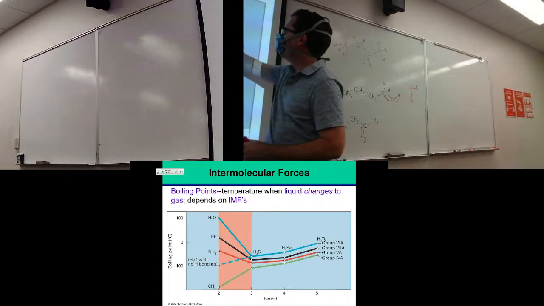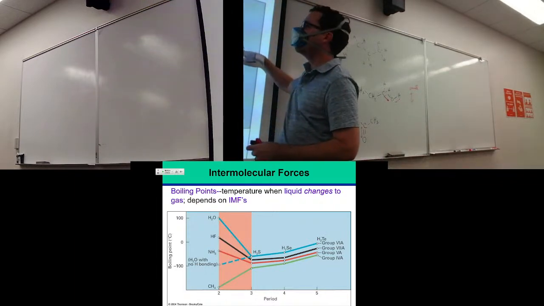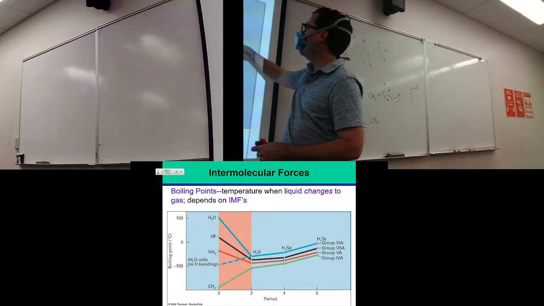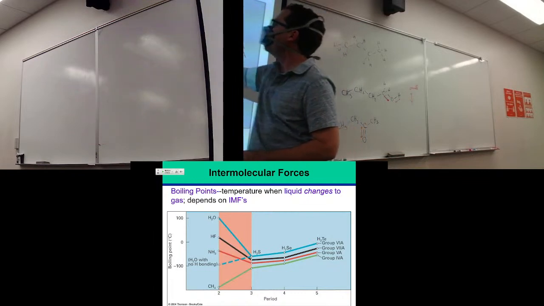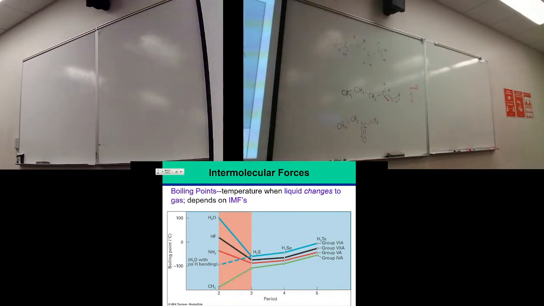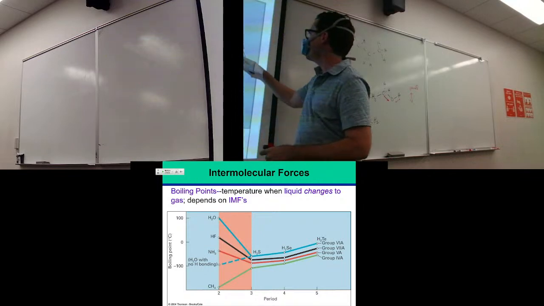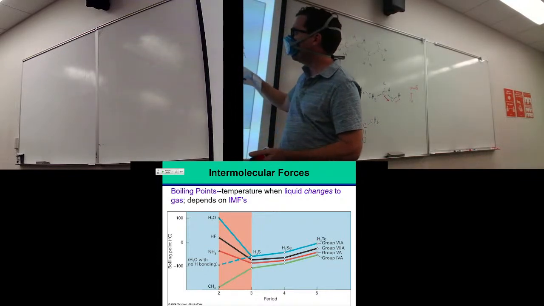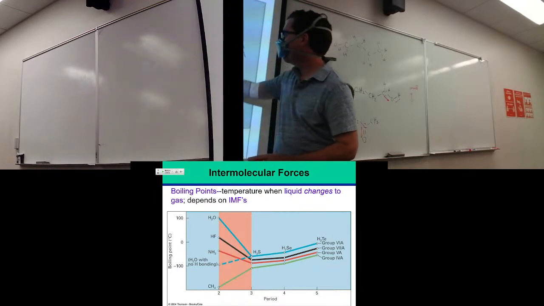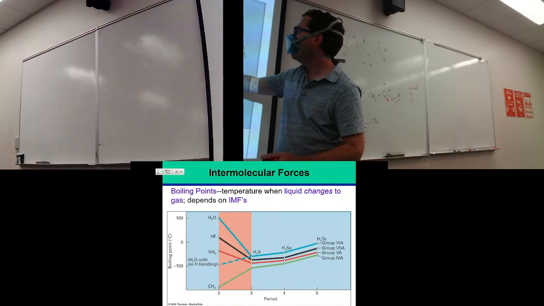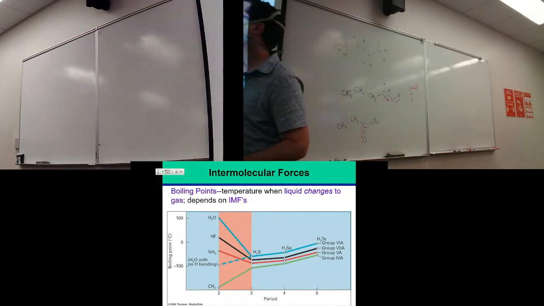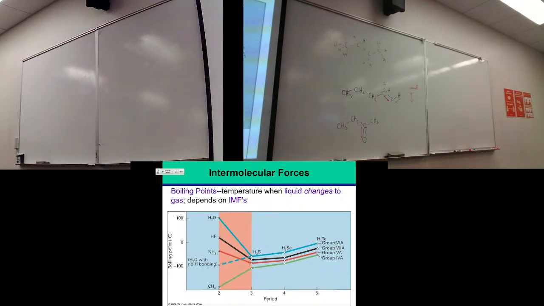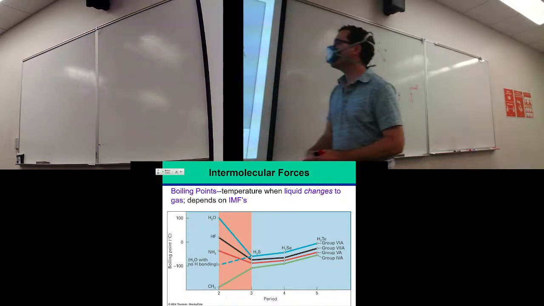This blue line is the group 6A elements with hydrogen: H2Te, H2Se, H2S, H2O. Then here's group 7 with enough hydrogens, usually 1. Here's group 5 with 3 hydrogens. Group 4 elements with enough hydrogens: this would be tin with hydrogen, this is germanium with hydrogen, this is silicon with hydrogen.